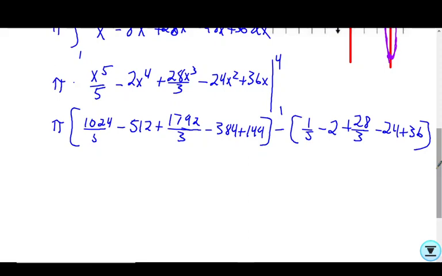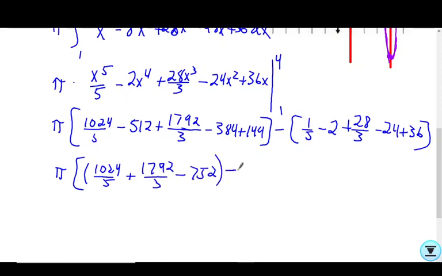Simplify. So again, pi, this ends up being 1024 over 5 plus 1792 over 3 minus 752 minus 1/5 plus 28 over 3 plus 10.